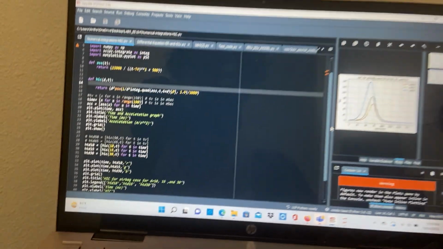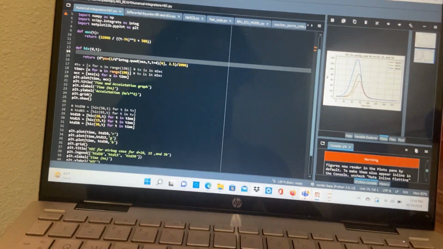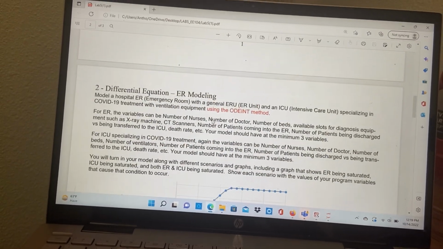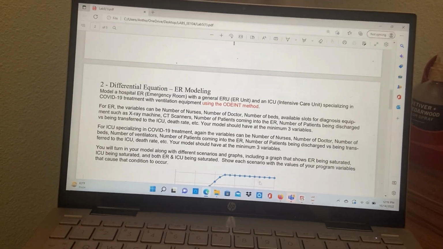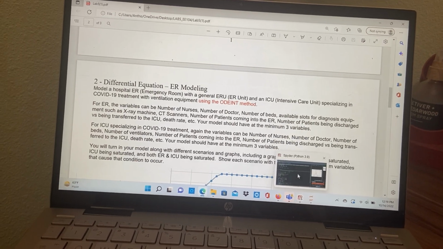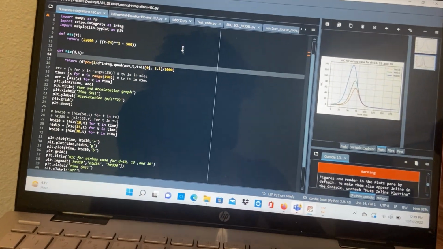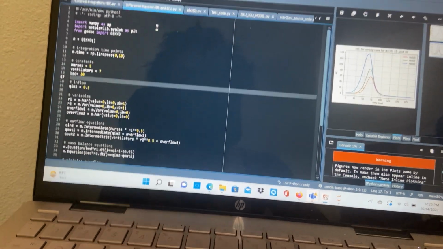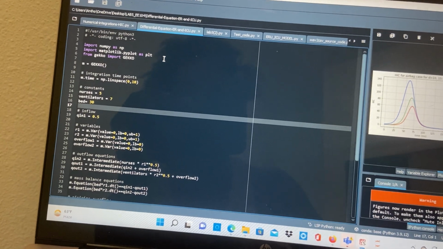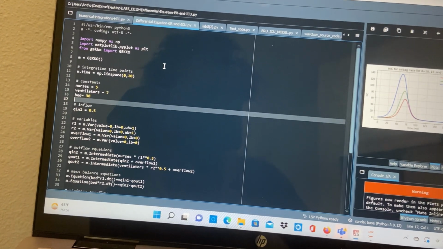The next part of this lab is the differential equation of the ER. We're going to model the number of COVID patients that go to the ER, and when they go there, how they can be transferred depending on the severity of their COVID cases.